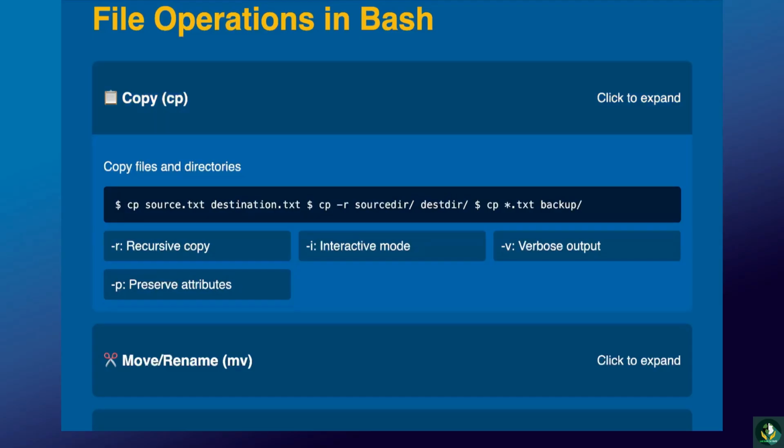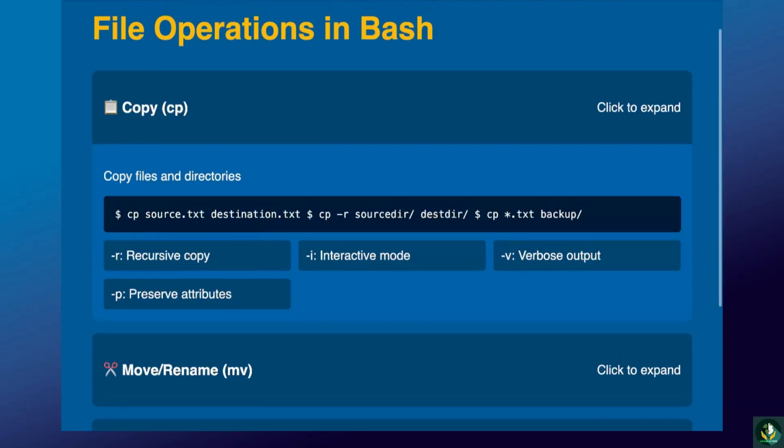Please note the -r option. It enables recursive copying of directories, while the -p option preserves file attributes and permissions. Also, we've got the -i option for interactive mode, -v for verbose output, and of course you can read about this command using man pages or the --help option.